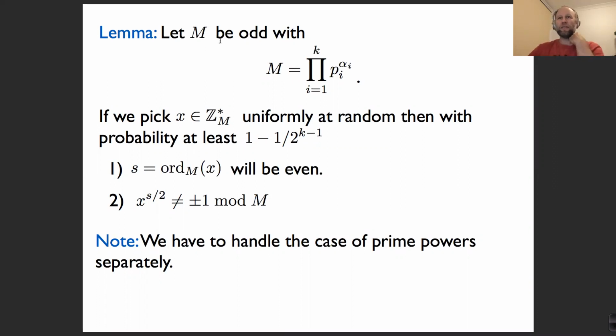If m is odd and it has a prime factorization that looks like this, the important thing from this equation is the number of prime factors. In this case, it's k.